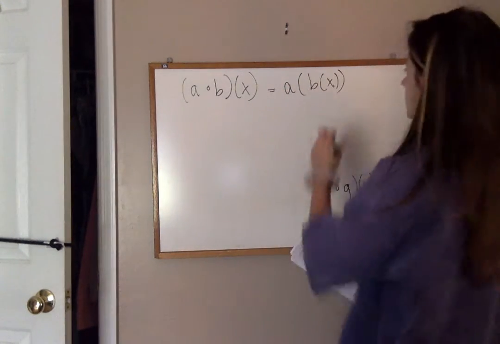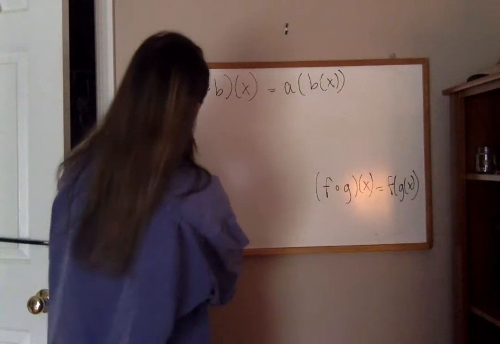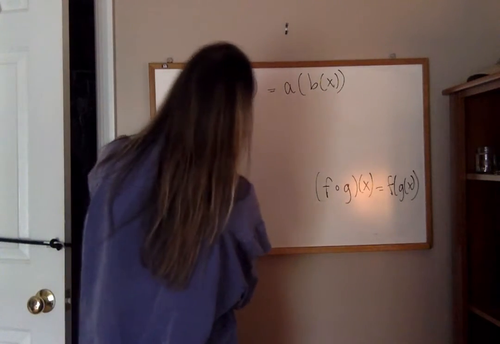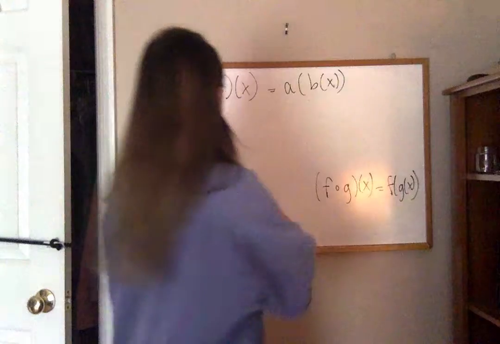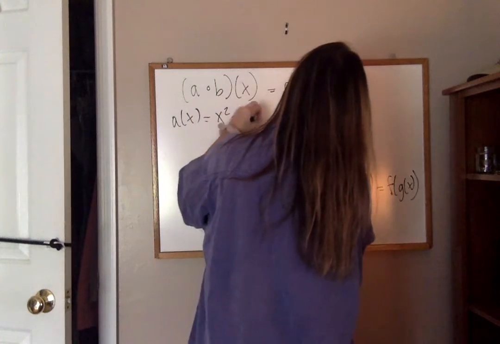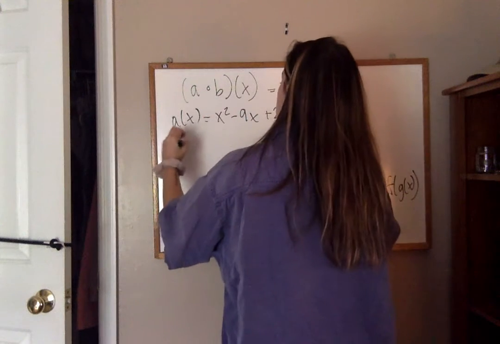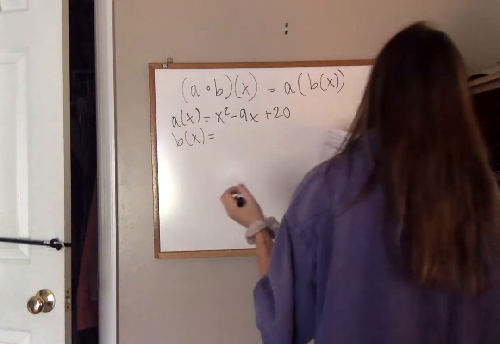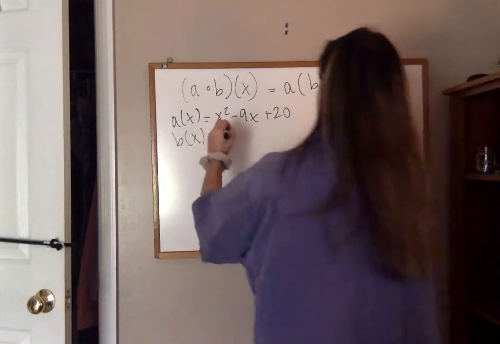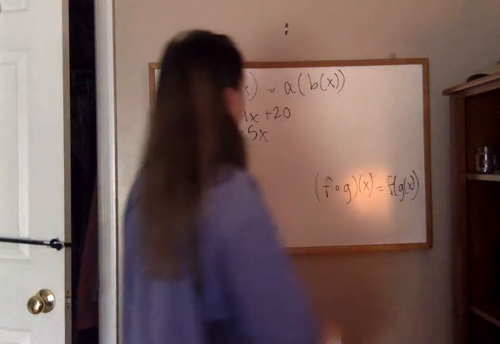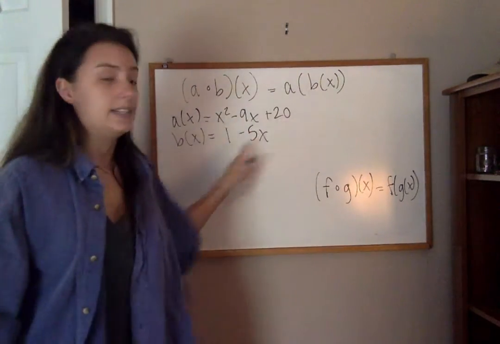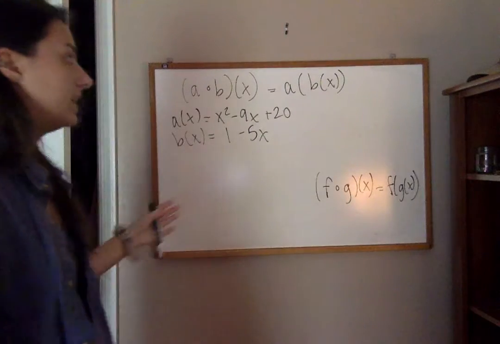So first we know a of x equals x squared minus 9x plus 20. And b of x equals 1 minus 5x. So we're just going to substitute in where we can, one step at a time.